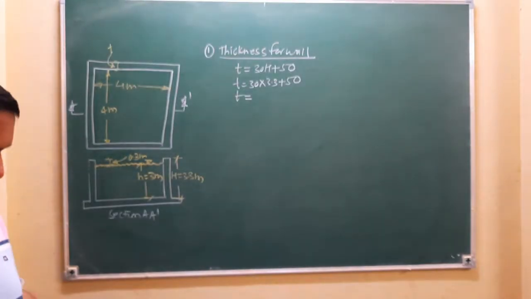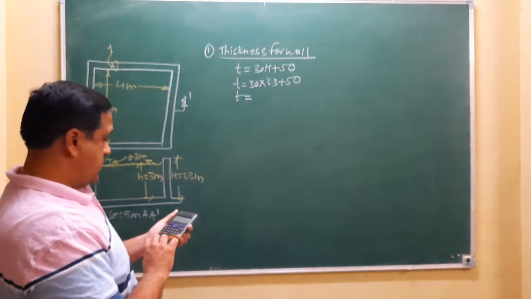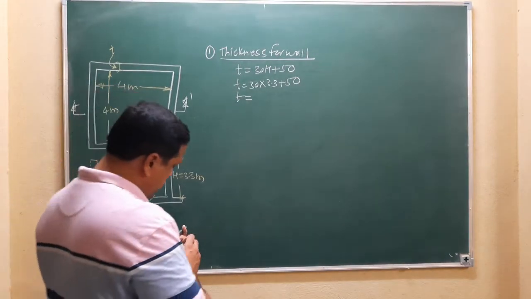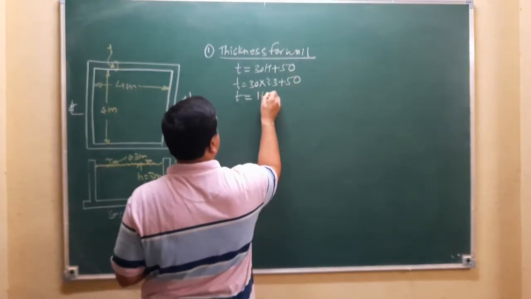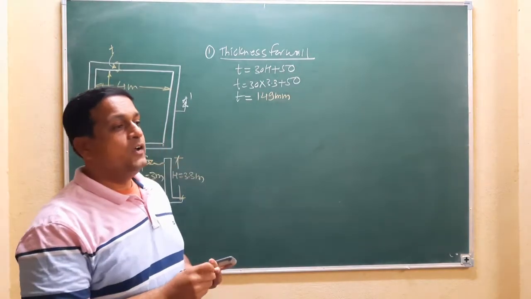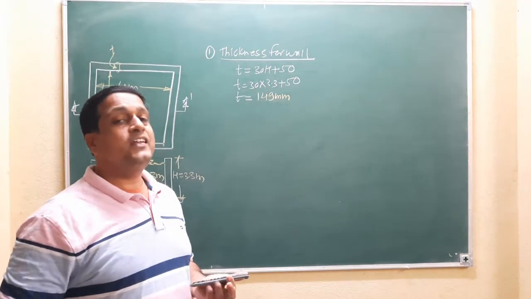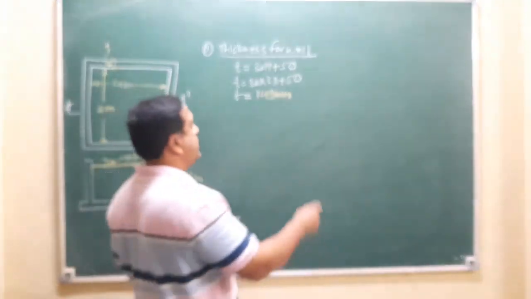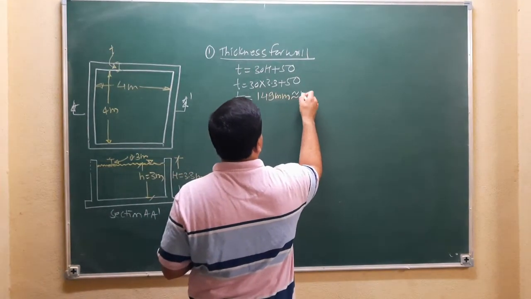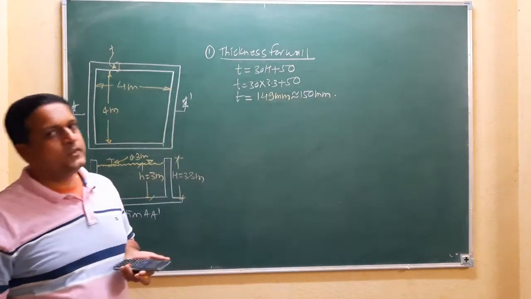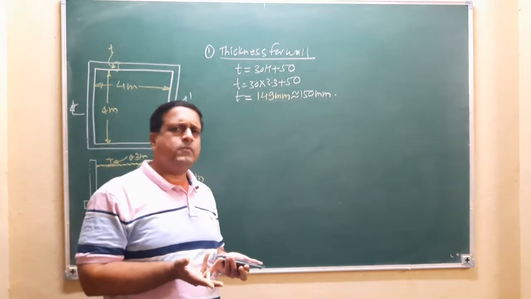So now I want to do the calculation. It is 30 into 3.3 plus 50. So this is 149 mm. Remember that always the thickness should not be less than 150 mm. So you have to follow this. Provide thickness 150 mm, or you can provide 200 mm also.